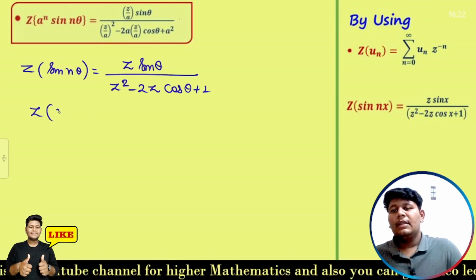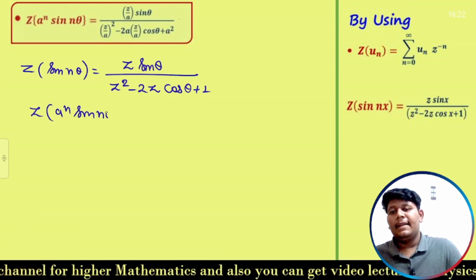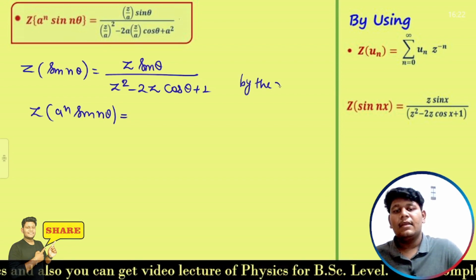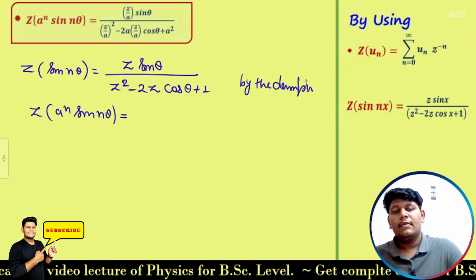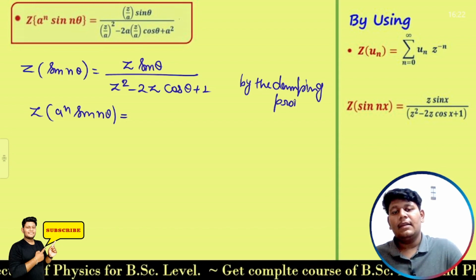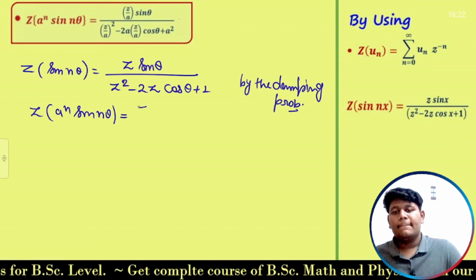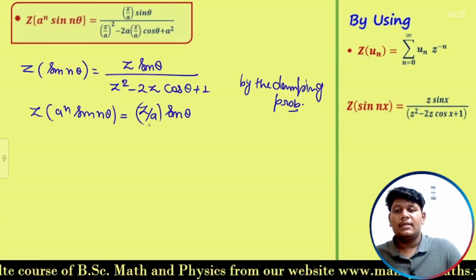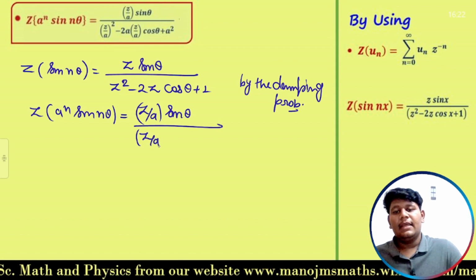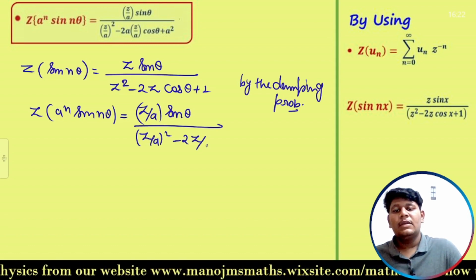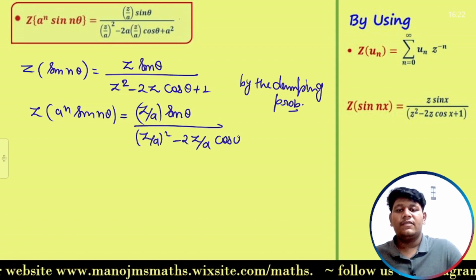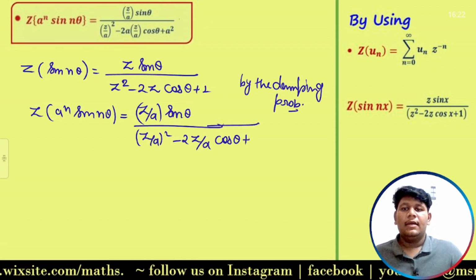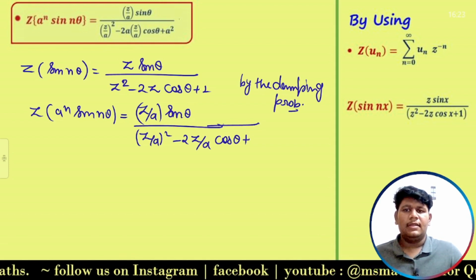Now a power n is in multiplication. It means by the damping property of the z transform, we will divide by a in such a manner: z by a whole square minus 2 z by a cos of theta plus 1.